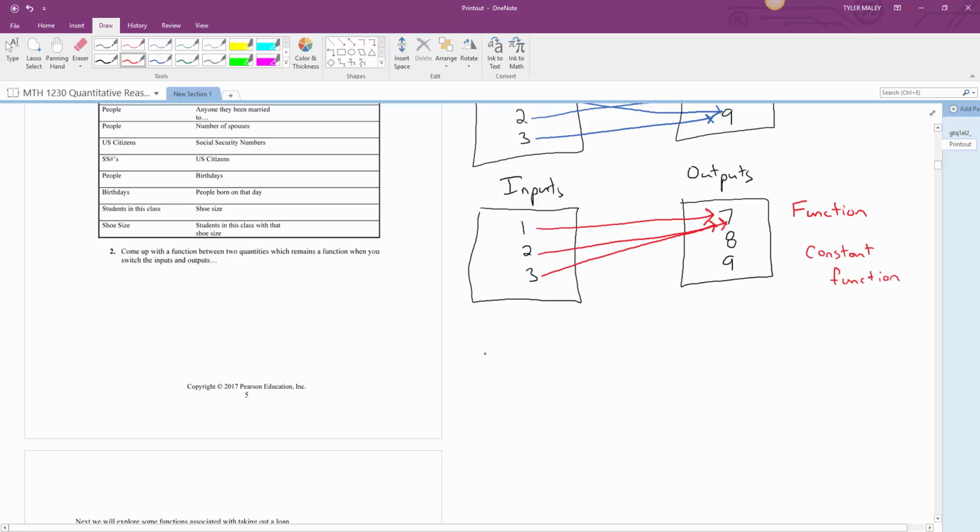If I were to map senators, so we input a senator and map that to the country of residence.